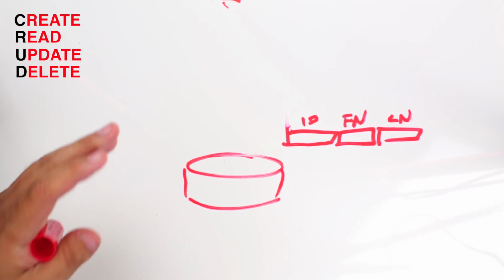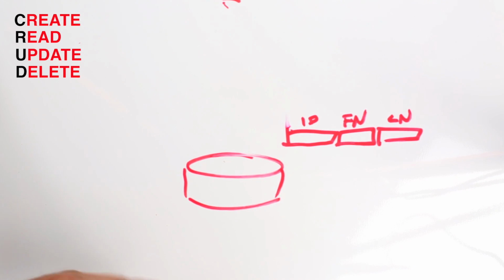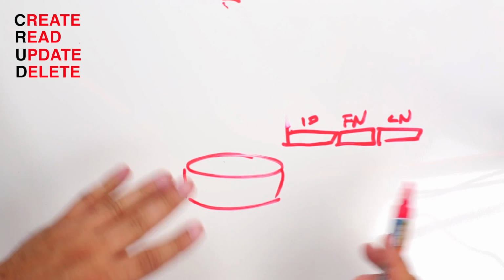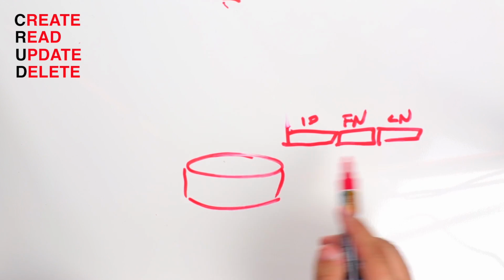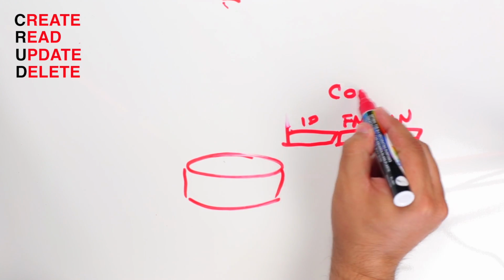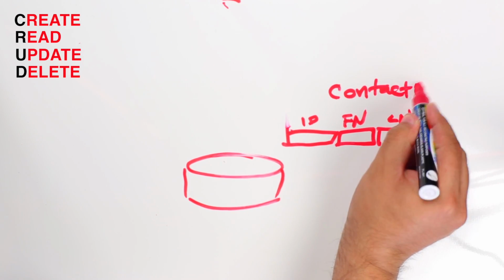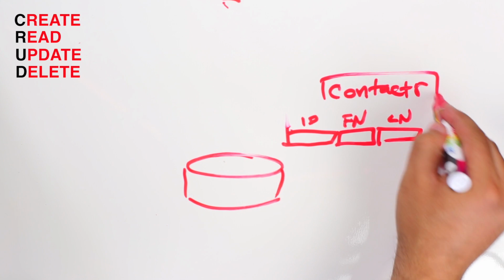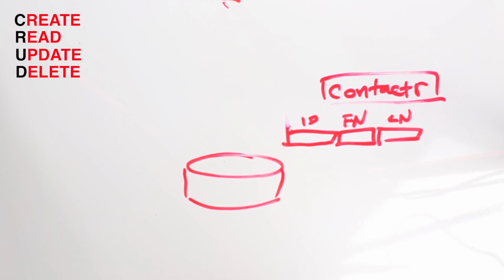It's usually a number that's sequential. So, in other words, when you create additional pieces of data, you're able to search for the piece of information through its ID. In this case, we're going to use the example of an ID, first name, and last name. We created this table here, and all of these are required fields. We're going to call this table contacts.